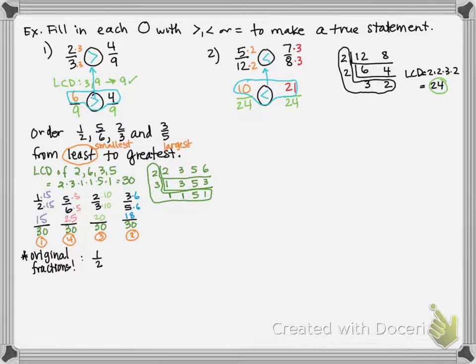The second one was the 18/30, and that went with 3/5. The third one was the 20/30, that went with 2/3. And last but not least was the 25/30, which goes with the 5/6. And that would be your answer.